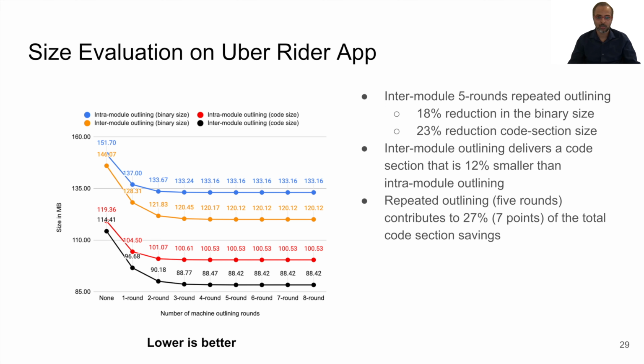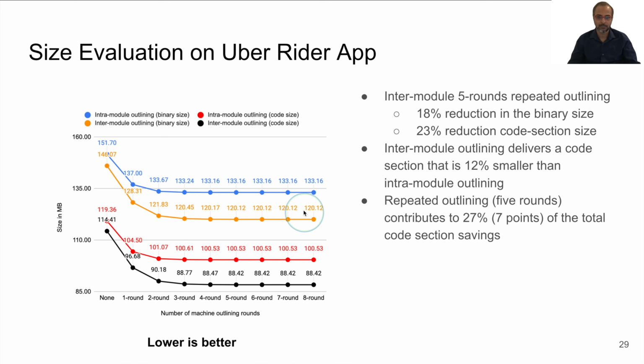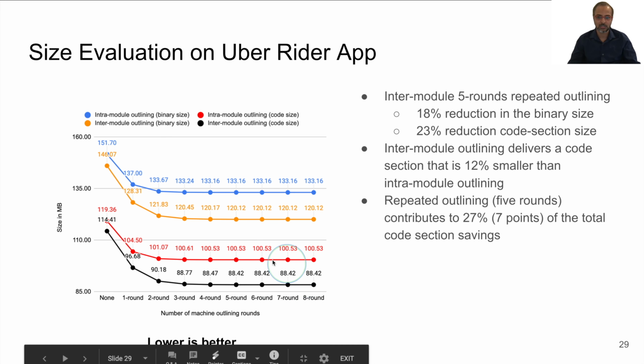I will now show some of the evaluation of this optimization. First, I show the size benefits. In this figure, the x-axis shows the number of repeats of machine code outlining. The y-axis shows the size in MB. The top 2 lines show the size of the app binary, and the bottom 2 lines show the size of the code section.